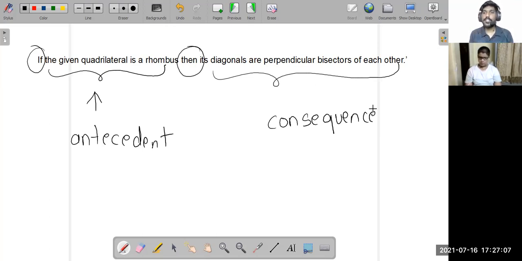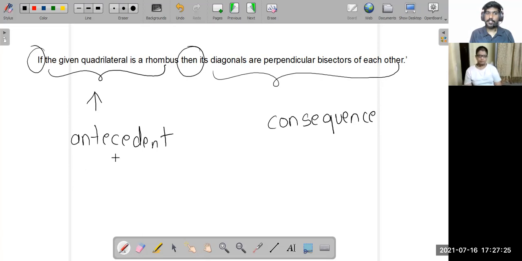So basically we are putting a condition. That means for the diagonals of the rhombus to be perpendicular, the condition is that the quadrilateral should be a rhombus.